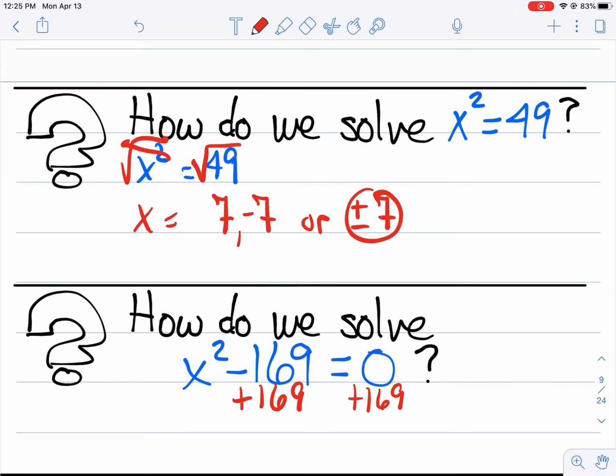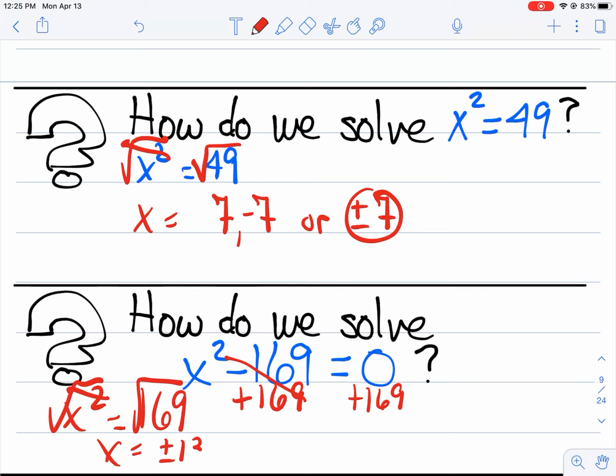So those cancel out, and if x squared equals 169, take square roots, and you get x equals plus or minus 13.